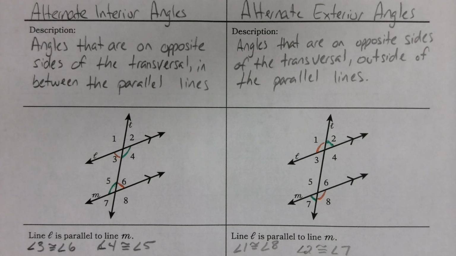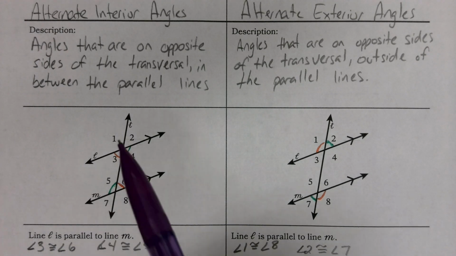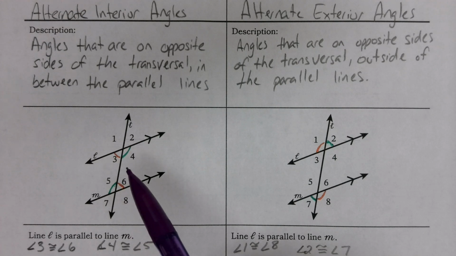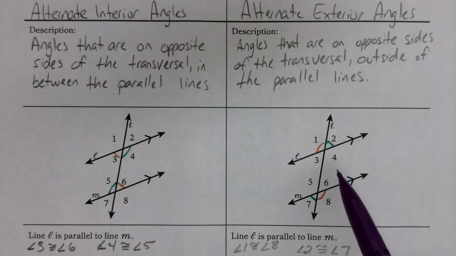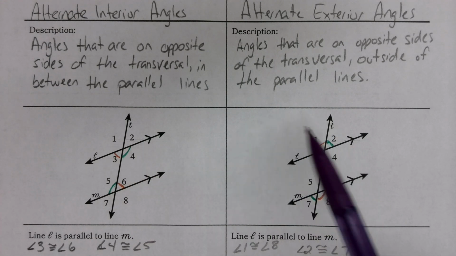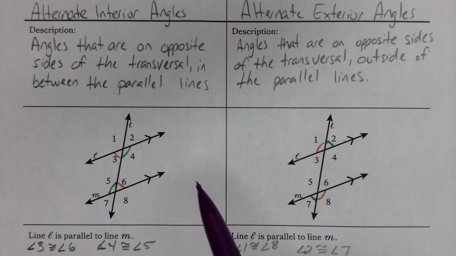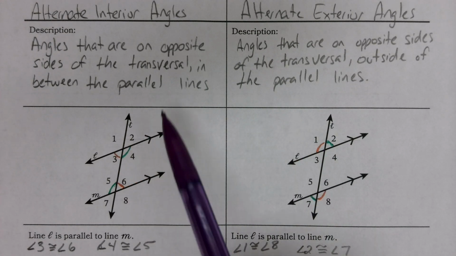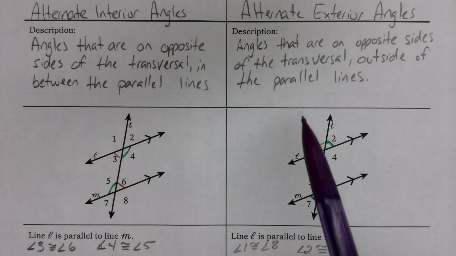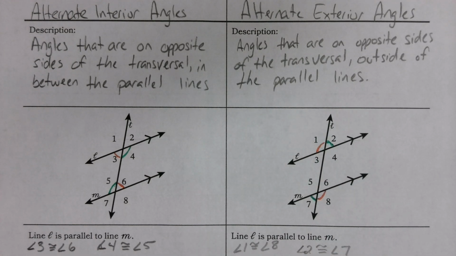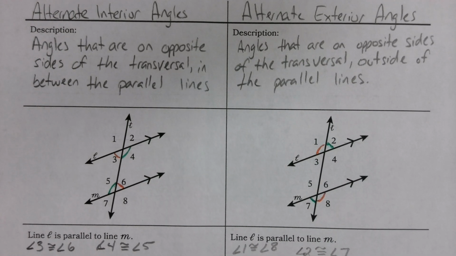Okay. Alternate interior means interior means inside, exterior means outside. Alternate means opposite side. Okay. So opposite sides. And the interior means inside, exterior means outside the parallel lines. That's the only difference between these here. Okay.